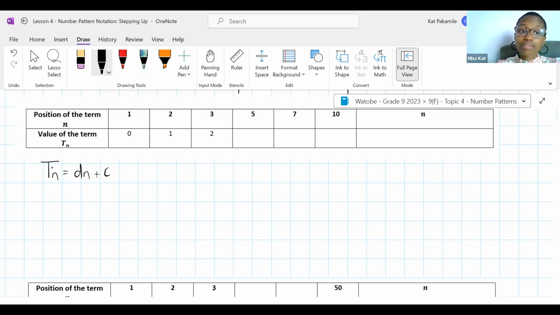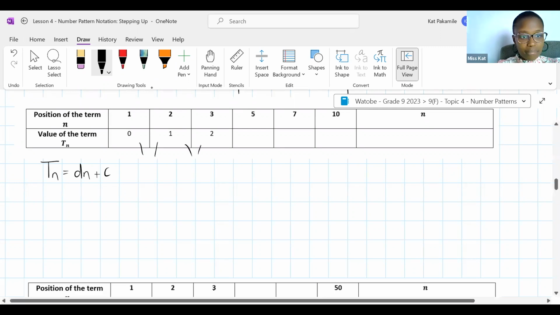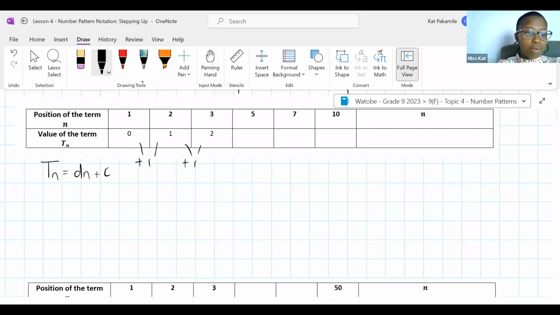Okay, that's fine. You want to get the constant difference first. What's the constant difference here? The constant difference looks like it's +1. Beautiful. Now we have our difference. So now, what's C?